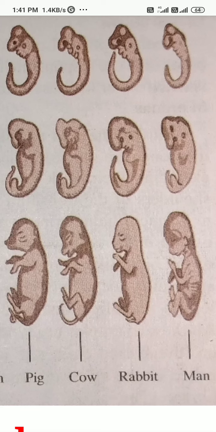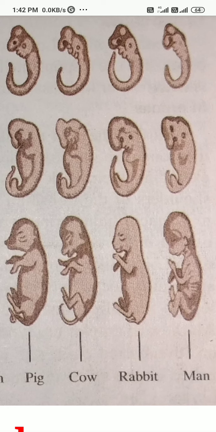Observe the embryos of four animals: pig, cow, rabbit, man. You can observe the first stage in all of those is similar. The second stage also shows similarity.